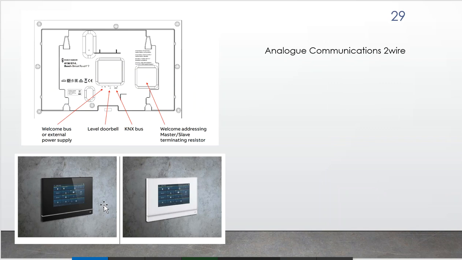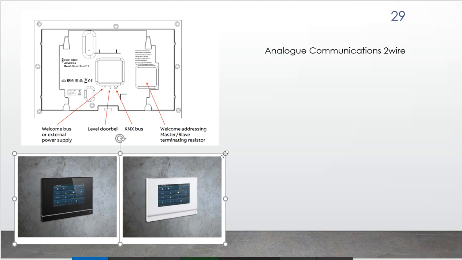Also, some companies provide analog systems. In the analog systems, with the touch panel or whatsoever, with the KNX interface you can control the KNX. With analog 2-wire communication in the intercom, you can connect to the 2-wire.